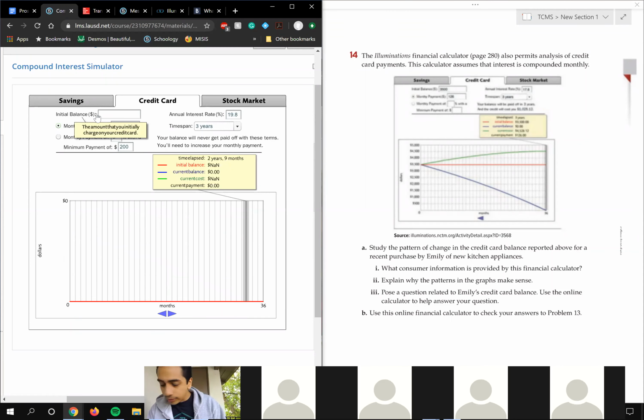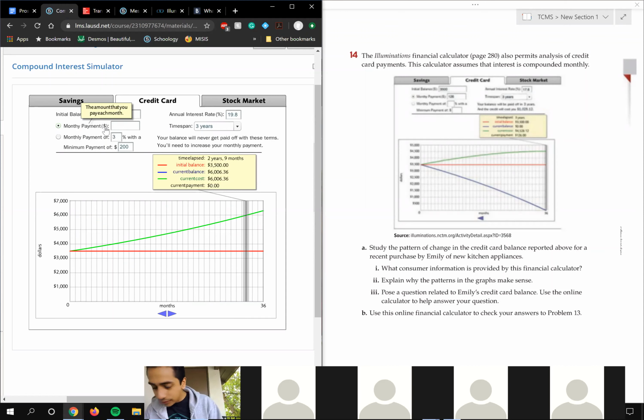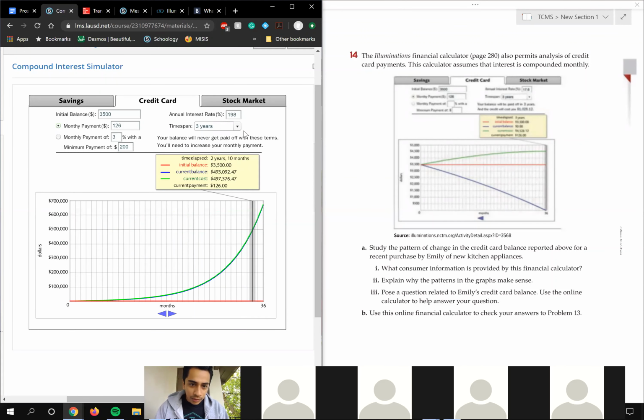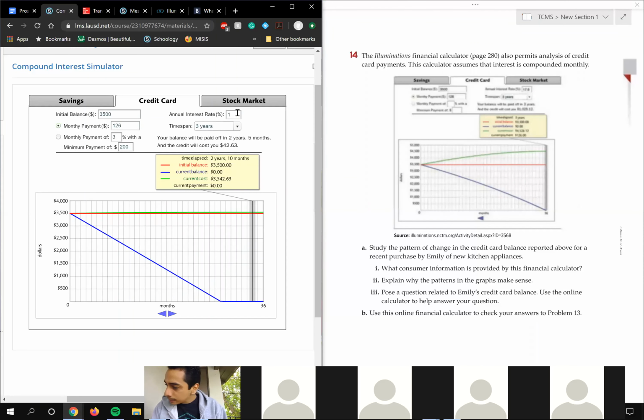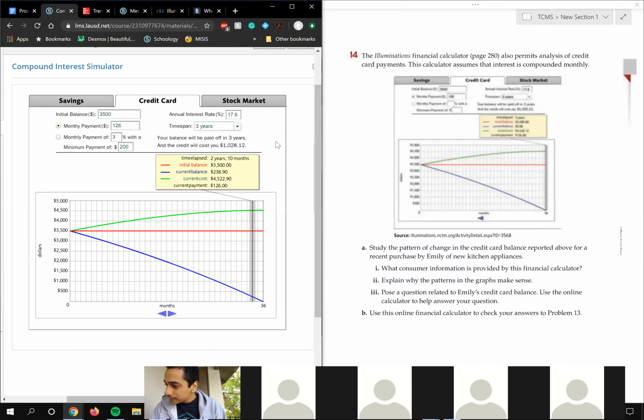And so this lady makes $3,500 worth of credit, kitchen appliances, with monthly payments to be $126. The annual interest rate that she is paying for her appliances is 17.6.